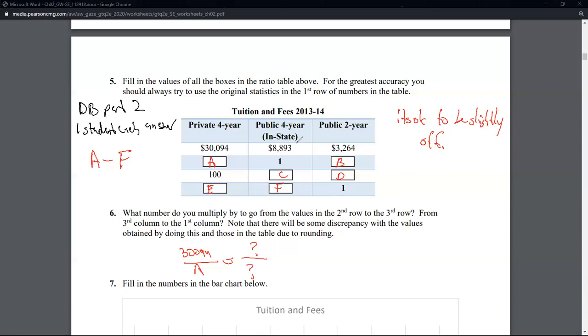It's called error propagation. So if you wanted these to be exact, if you were going to use A to find C, you wouldn't want to round the answer to A. You might write it as 3.4, but you might actually want to use the 3.3892, whatever it is, when you're going to find C, which is why I'm suggesting to only use the 30,000, the 8,800, the 32, the 1, and the 100 to find those 6 to get the exactly correct numbers.